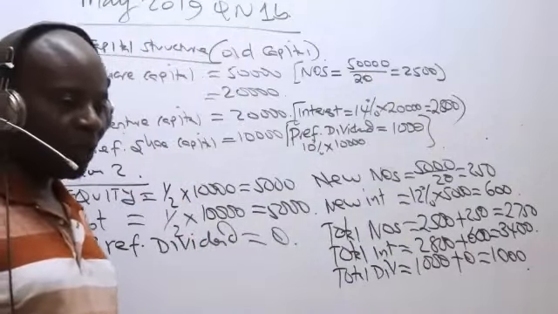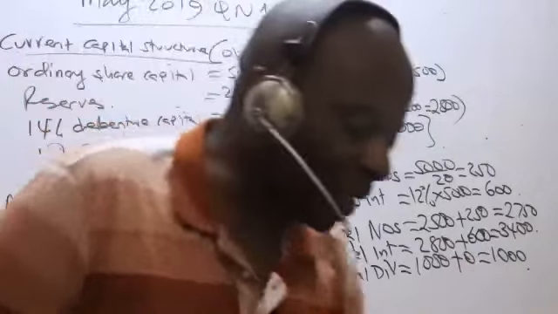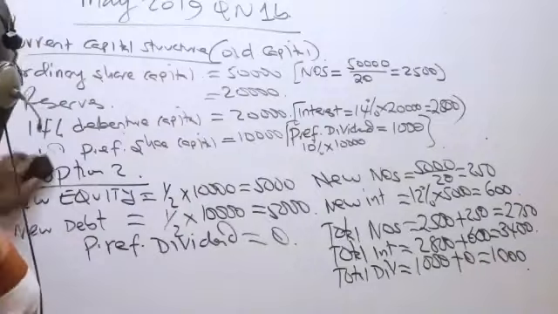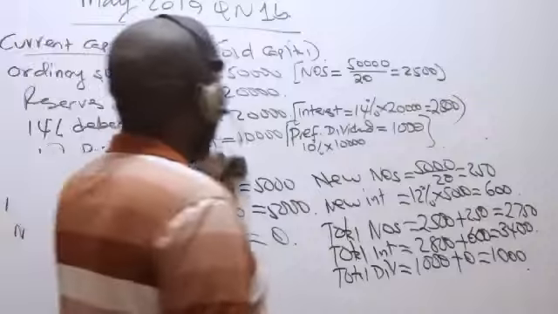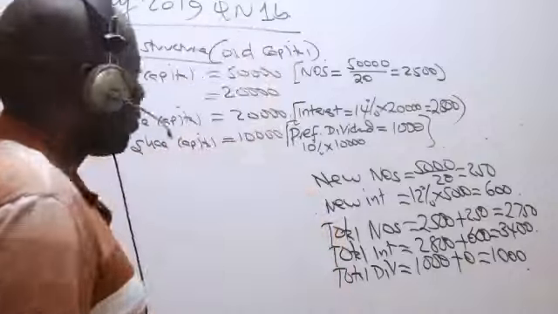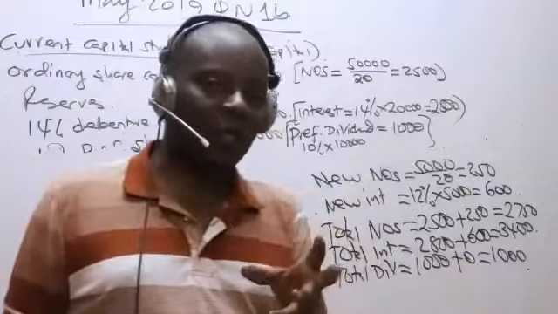Now, from there, ladies and gentlemen, please go ahead and give us the formula. I can now relate with what Mayomi is asking there. Yesterday's question never had a current capital structure.